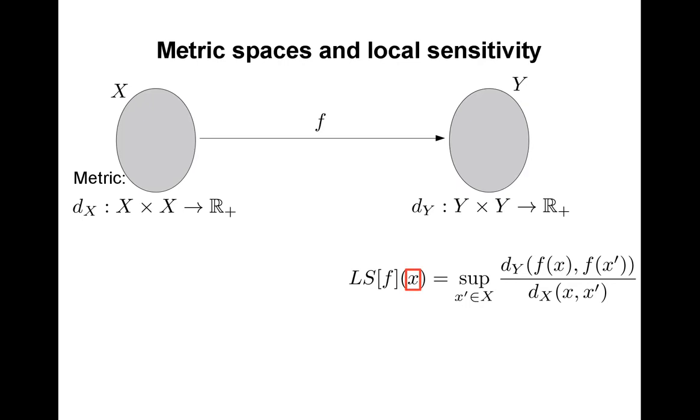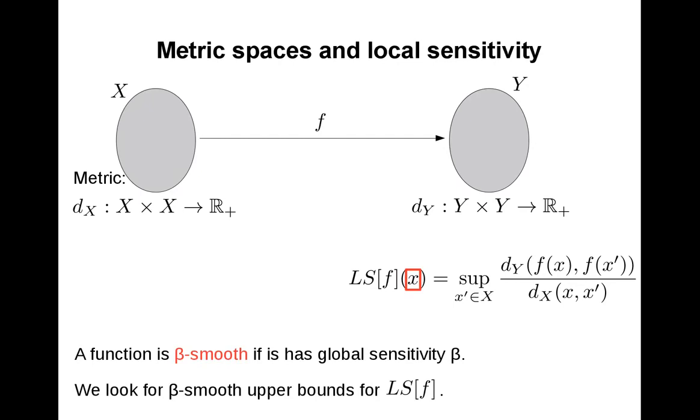But now we also know that the amount of noise itself may leak something about f. So if the local sensitivity itself would change sufficiently slowly, then we could use it to scale the noise. But in general, we could look at upper bounds of local sensitivity, and such upper bounds that have global sensitivity at most beta, where beta is another numeric parameter.